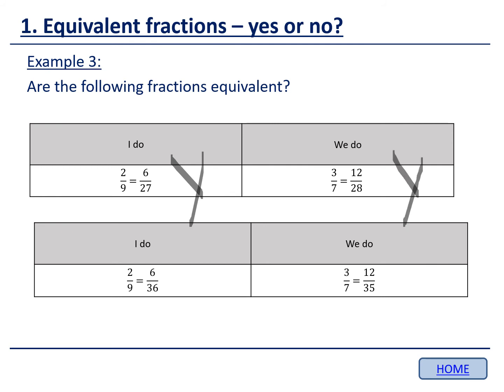Yes, it does. So they're equivalent. 2 into 6, that goes 3 times. 9 into 36 goes 4 times. So this one would be no. It's not equivalent. And we do 3 into 12, 4 times. 7 into 35, that goes 5 times. So again, this one is a no. Well done if you got them right.